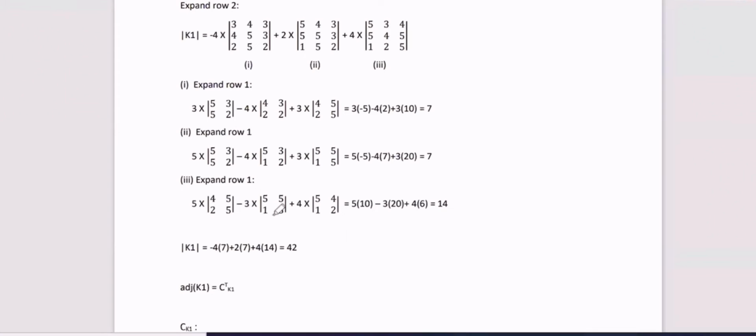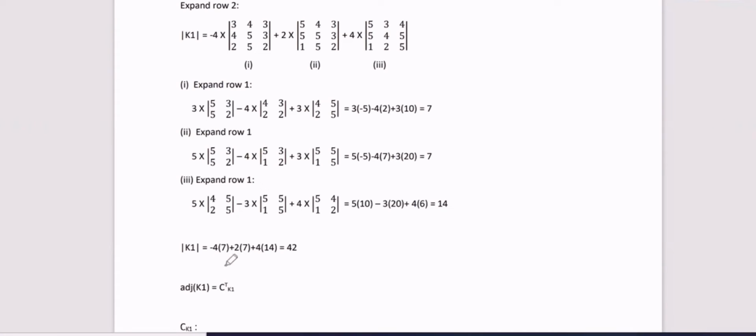Substituting the values into this equation, which is -4 multiplied by 7 plus 2 multiplied by 7 plus 4 times 14, is equal to 42. Hence, the determinant of K1 is equal to 42. Finished finding the determinant of K1.